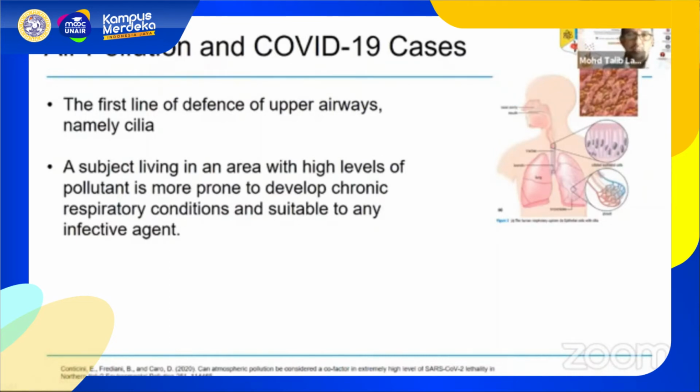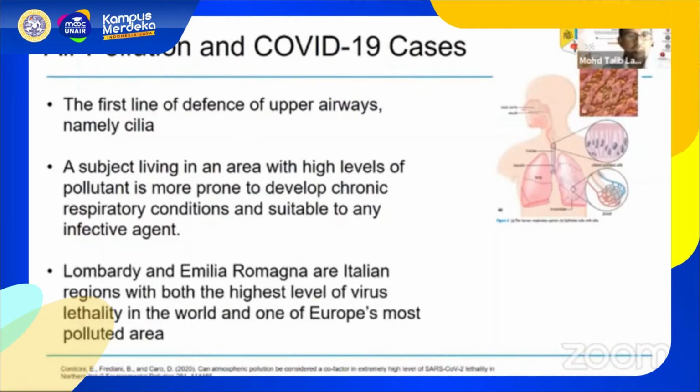That's why people who stay in more polluted areas are more prone to be affected by the COVID-19 virus. This is a study in Lombardy and Emilia Romagna, Italian regions with both the highest level of virus lethality in the world and Europe's most polluted area. This is a very famous study. I think it is the first study that mentioned air pollution actually affected infections by COVID-19.